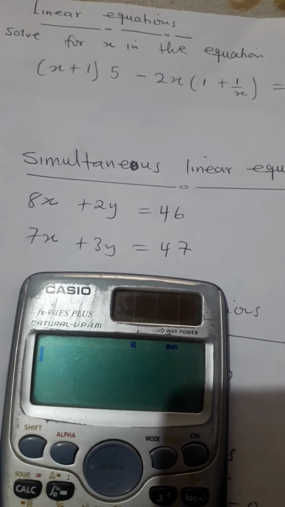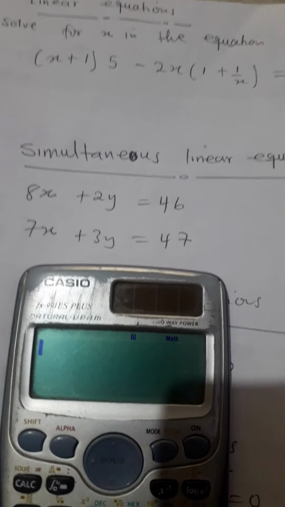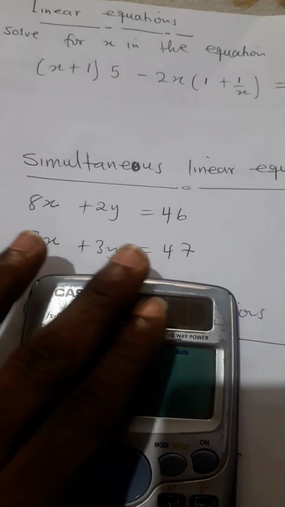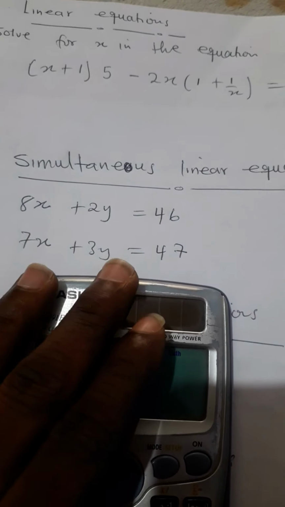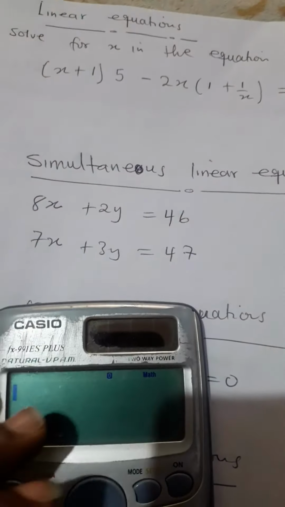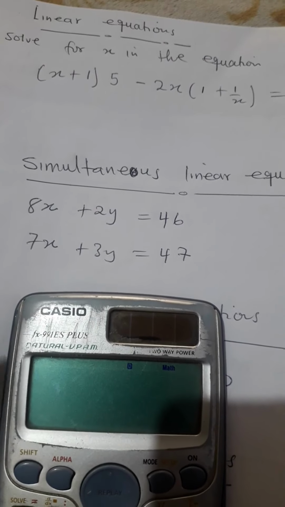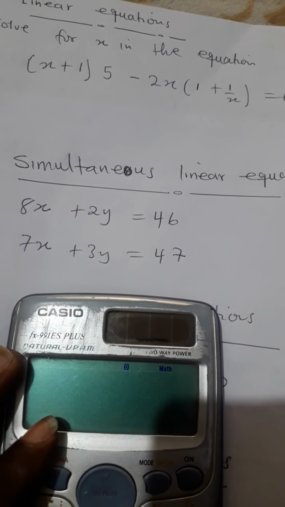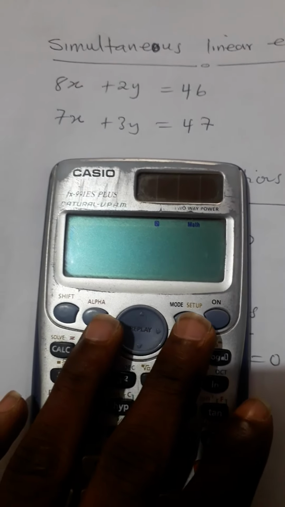When you are given equations like this, you have two equations. The first equation is 8x plus 2y equals 46. The second is 7x plus 3y equals 47. In solving simultaneous linear equations, first you come to the mode key.